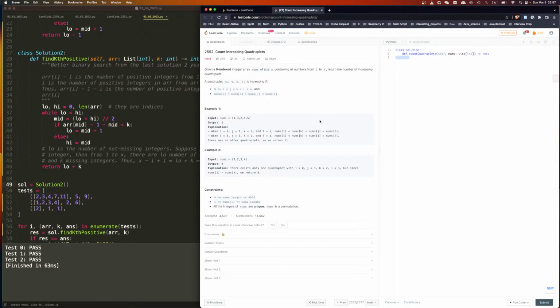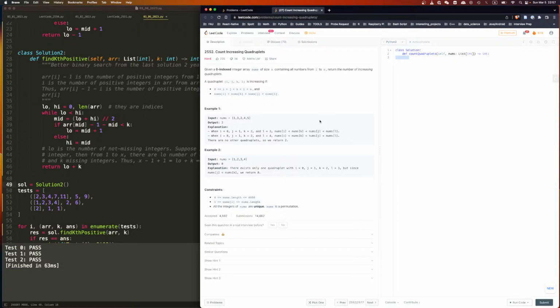Wait, what? I, J, K, L. I smaller than K. Smaller. Oh, wait. The integers are unique.